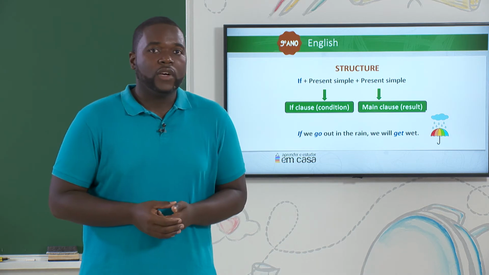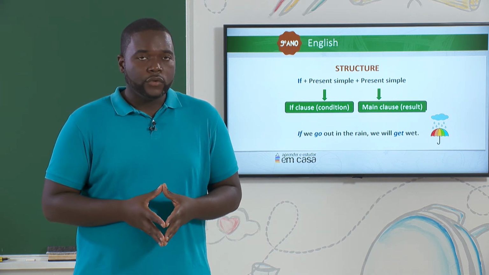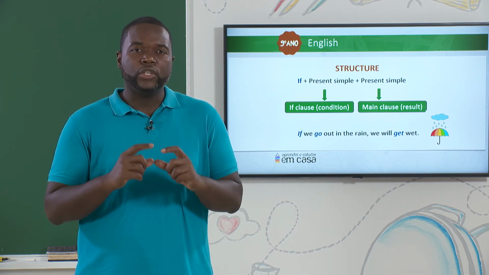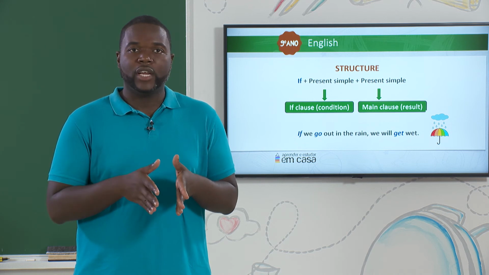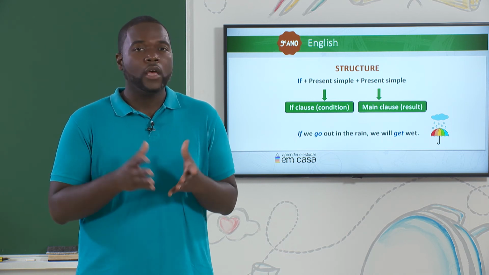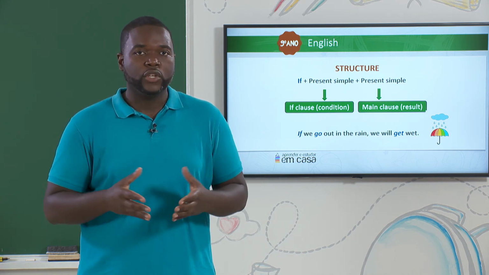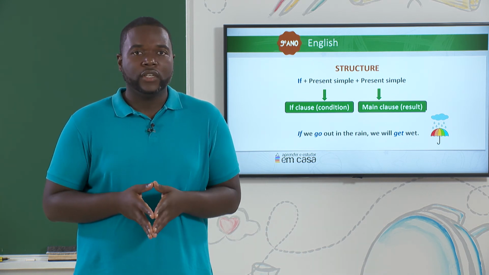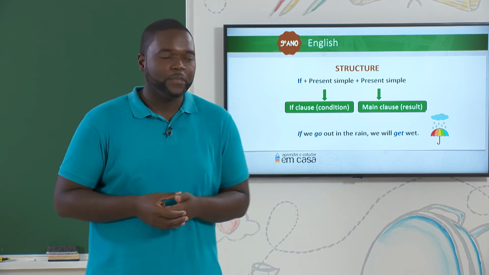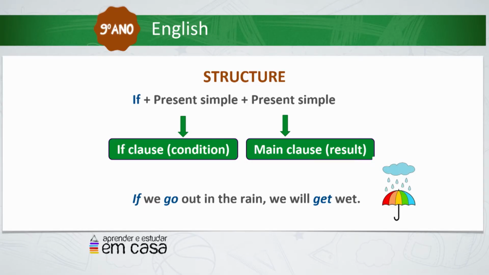Yes, students, that was the structure of the zero conditional. But let's see how we use this structure, if plus present simple, with an example. All right? The sentence that you have here is going to show you how we use the zero conditional. Let's take a look. Now, the sentence that you have as an example is the following. If we go out in the rain, what is going to happen?